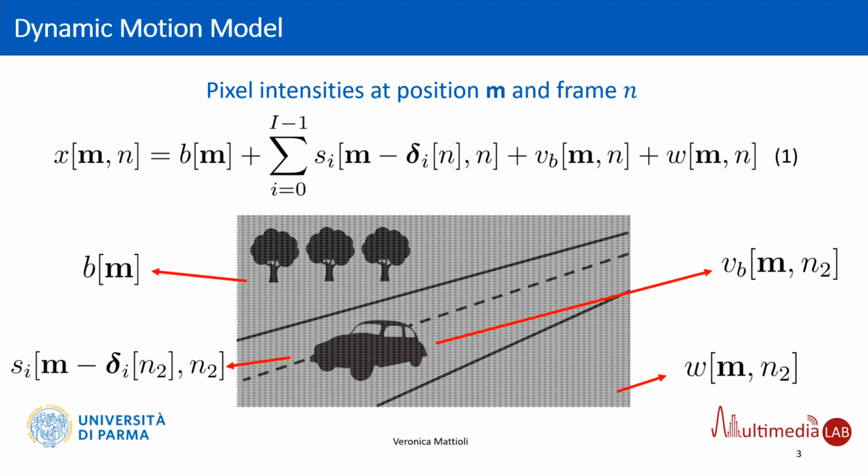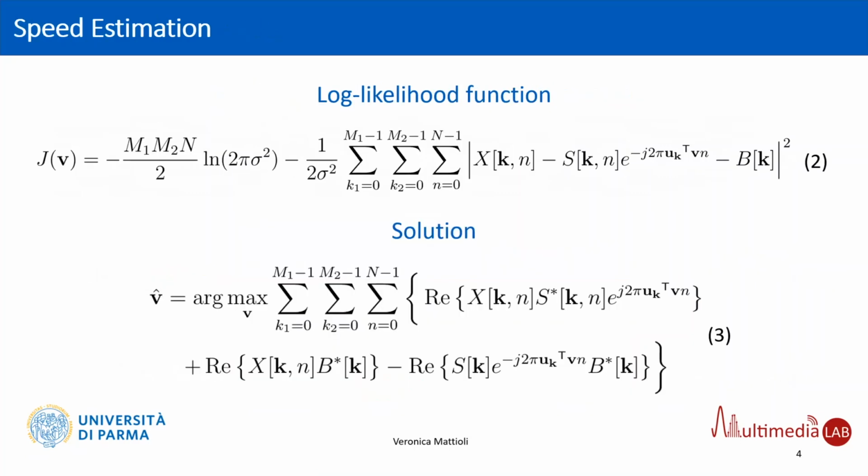As I previously mentioned, the model in 1 is written in time domain. Nevertheless, we choose to work in the frequency domain by applying the Fourier transform properties. Following standard techniques of maximum likelihood estimation, we were able to derive this expression as the log likelihood function of the frequency domain model.